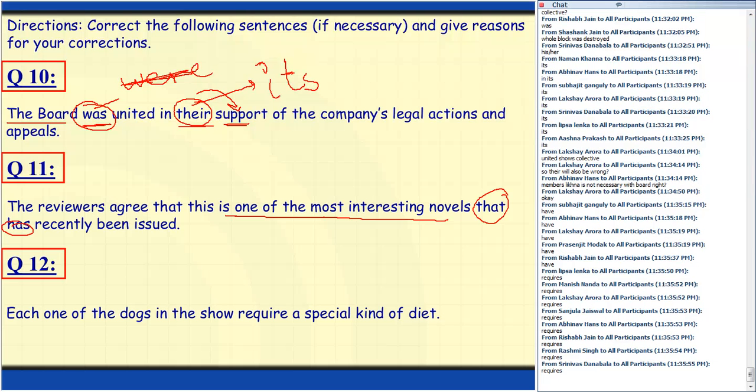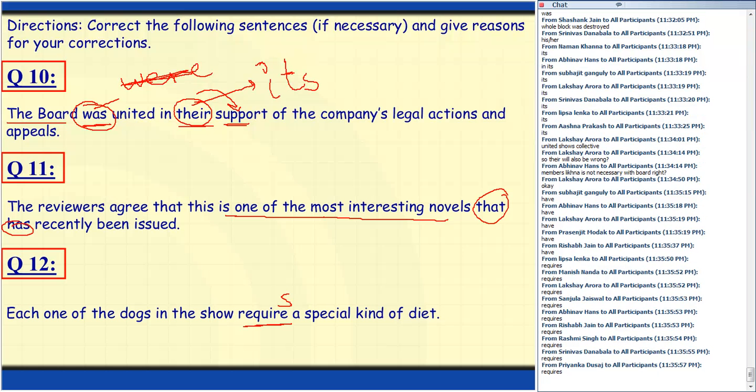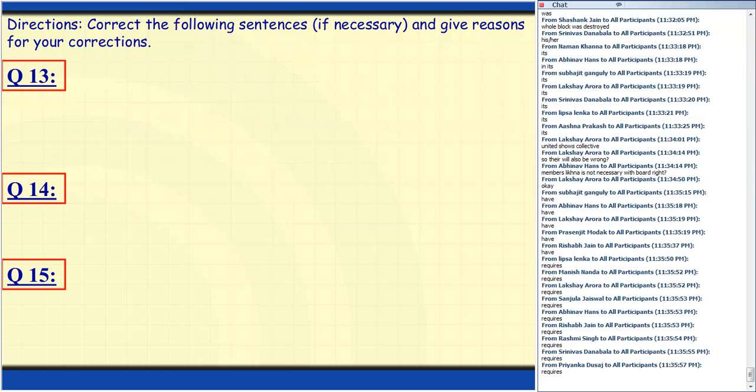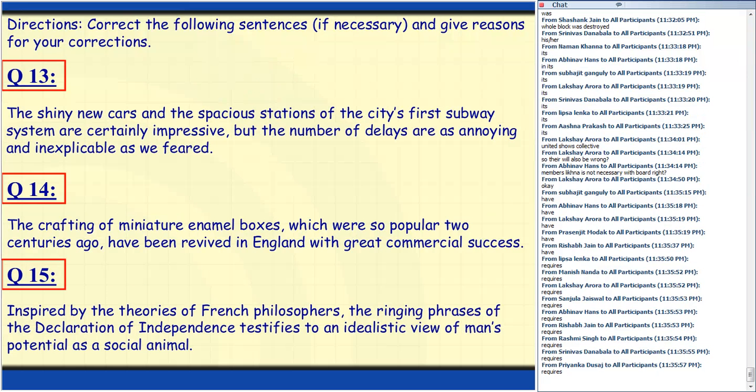Yes, it should be requires. It should be requires a special kind of that. Each, because the word each precedes dogs, so the word that you need is requires. Okay. Now I'll give you 3 questions at once. I'll just be back in 2 minutes.